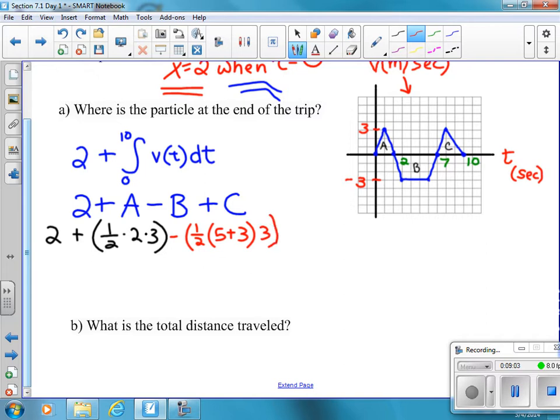So that's the area of B that we subtract. Then we're going to add the area of C, which is 1/2 base times height, 3 times 3. Okay, those are our 3 areas.